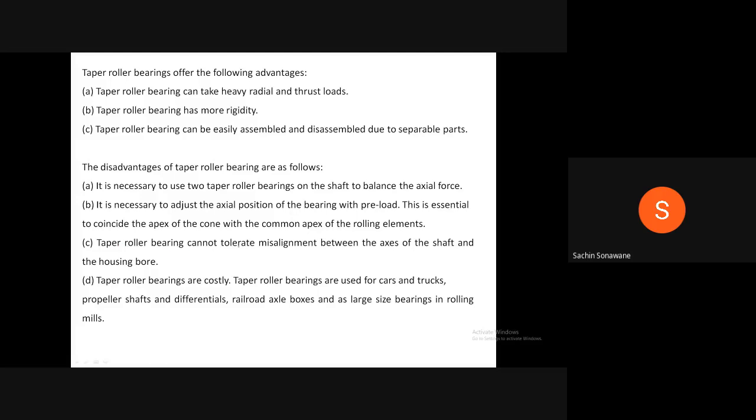Third, a taper roller bearing cannot tolerate misalignment between the axis of the shaft and the housing bore. Fourth, taper roller bearings are costly. Taper roller bearings are used for cars and trucks, propeller shafts and differentials, railroad axle boxes, and as large size bearings in rolling mills.